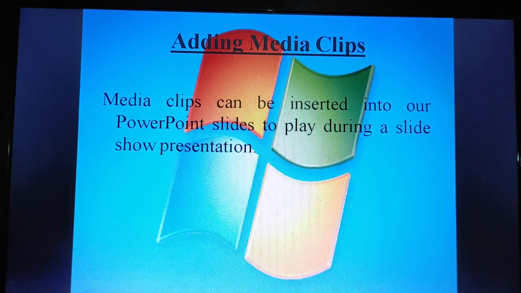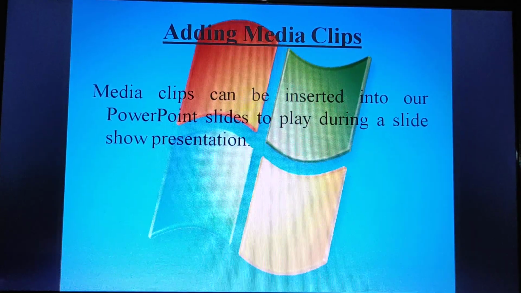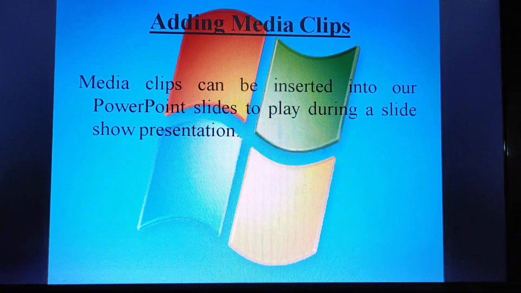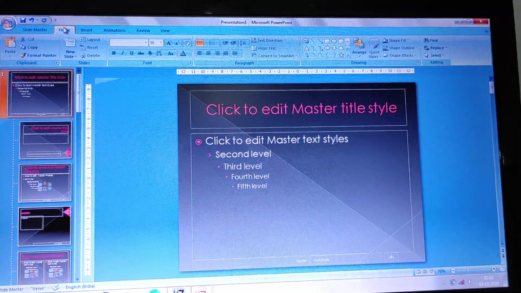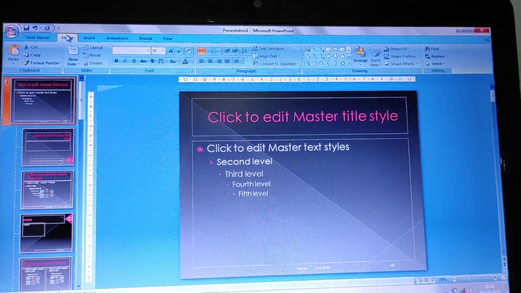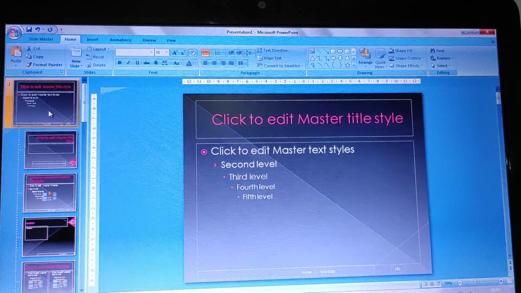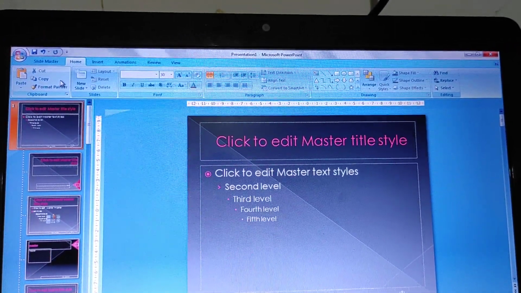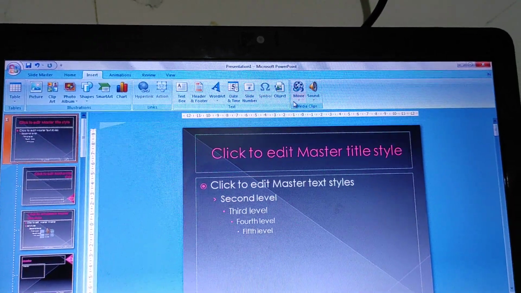Now next is adding media clips. Media clips can be inserted into a PowerPoint slide to play during a slideshow presentation. Now the steps are: click on the slide to which you want to add multimedia. So I just click on this slide. Then click on insert tab from the ribbon. After that, this is movie and this is sound.